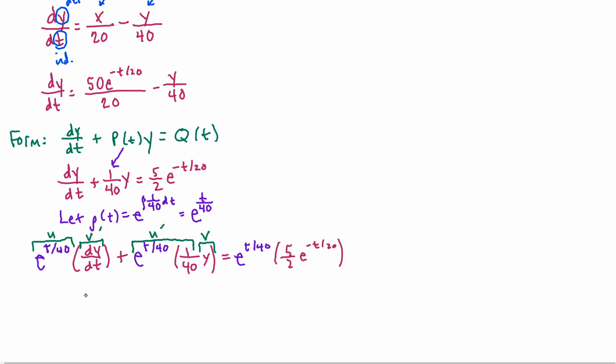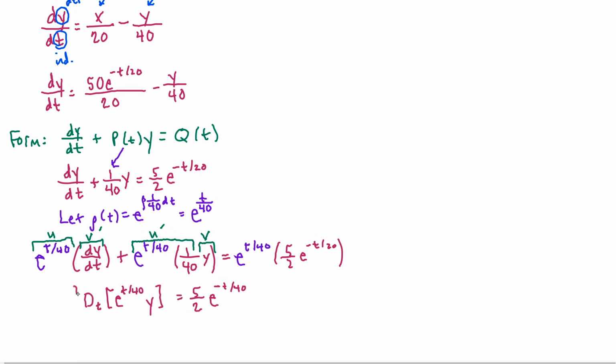This means we can write the left side as the derivative with respect to t of u, that's e to the t over 40, times v, which is y. Simplifying over here on the right side, we'd have 5 halves and adding exponents, 1 over 40 minus 1 over 20. Think of that as 1 over 40 minus 2 over 40. We'll get negative t over 40.